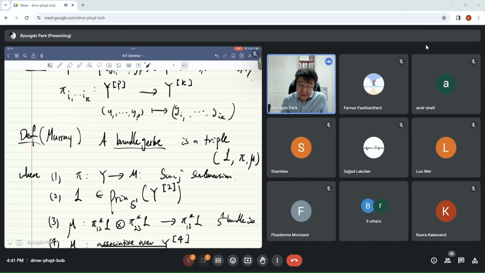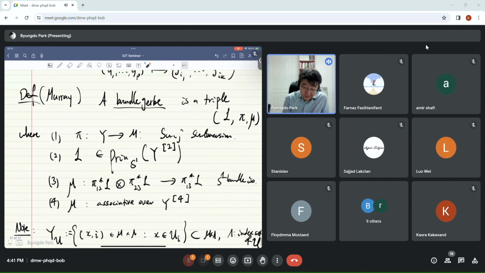But the second purpose is that this is a generalization of the use of open sets. This thing means just an open cover, and over double intersection, you have a line bundle. And then if you have a fiber over U1 intersection U2, then you have another fiber over U2 intersection U3, and then over triple overlap, you have this fiber over U1 intersection U3.